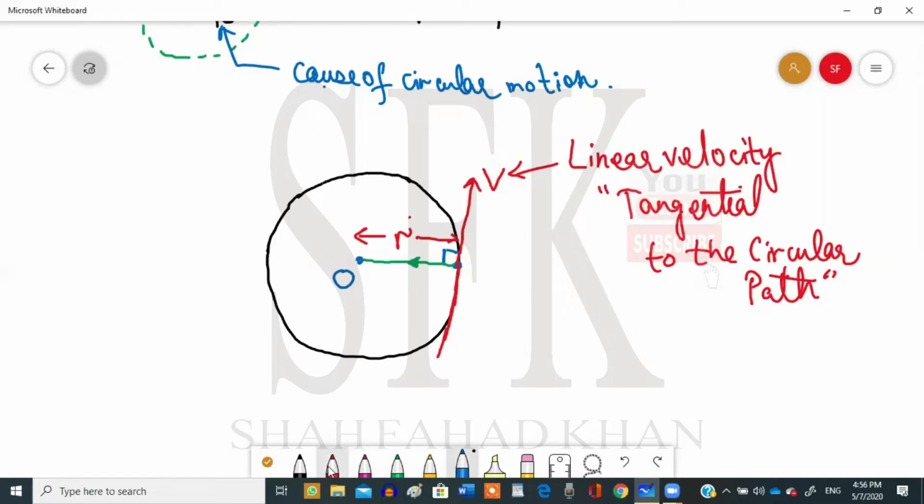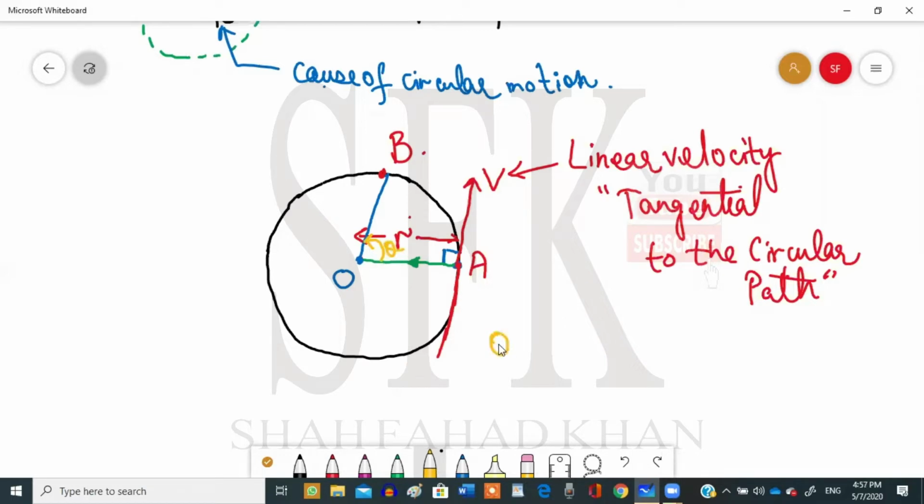Now, if the object moves from this point A to the point B over here, let's say this point B is the final position of the object, it covers a certain angle in this anti-clockwise direction, represented by theta.